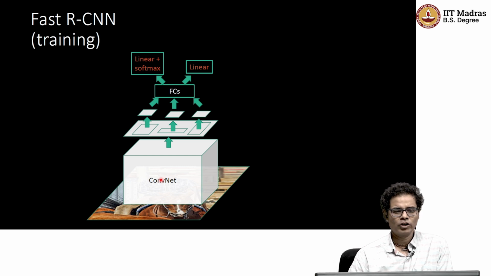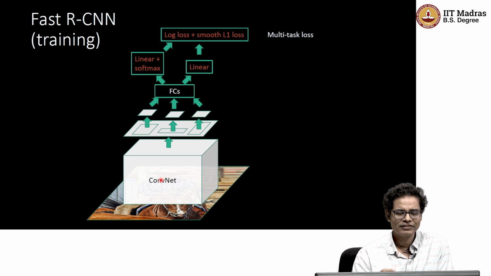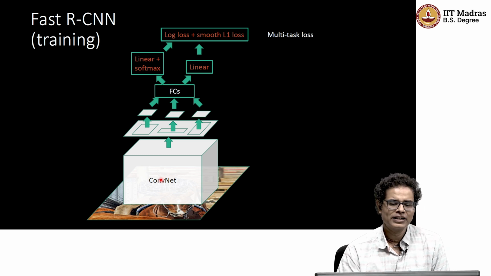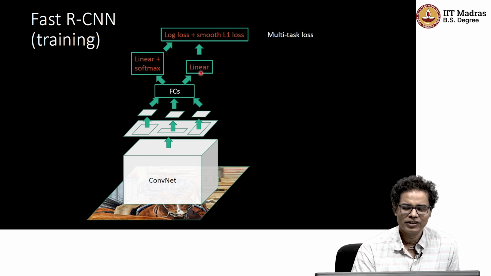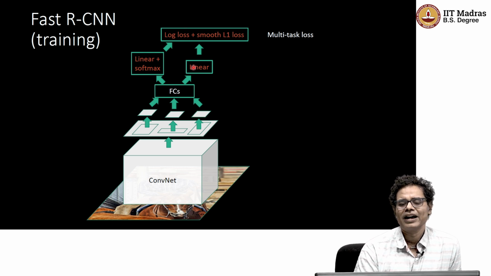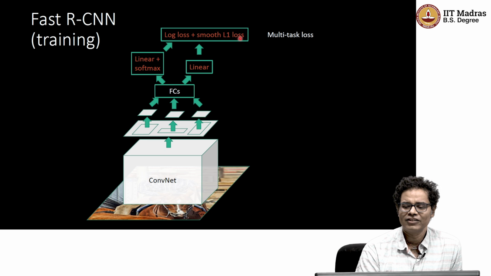And at training time, you will have the errors, right? You will also have the ground truth bounding box and the ground truth class for each of these ROIs. So at that time you can compute the loss. For the classifier, it's a log loss or softmax loss, and for the regressor, it is just L1 loss.